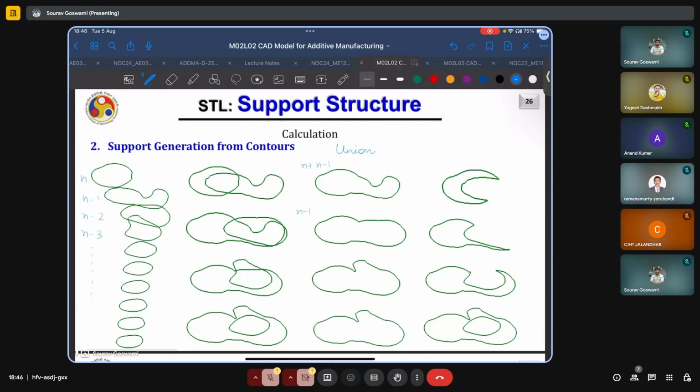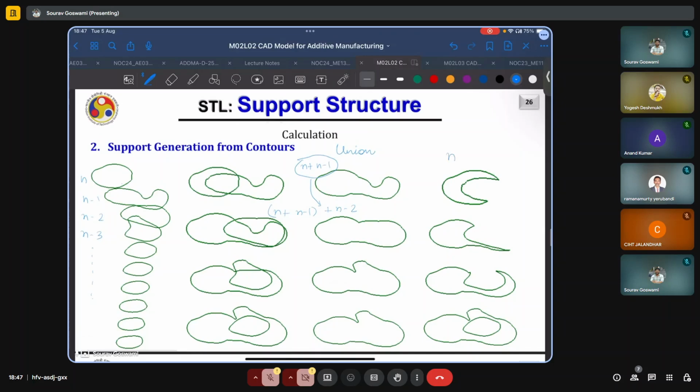This is for n plus n minus 1 plus n minus 2, as in this plus the next one, and so on. And this is the extra layer or the extra region where the support structure will be needed.